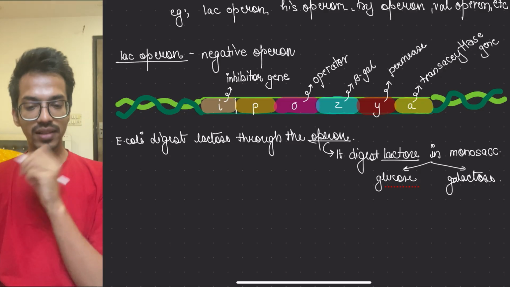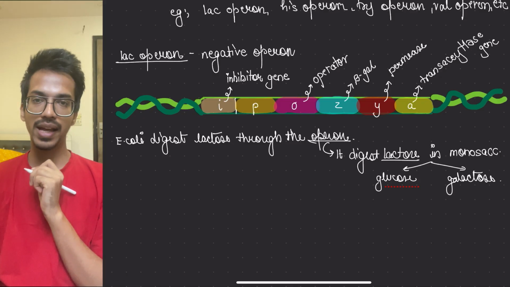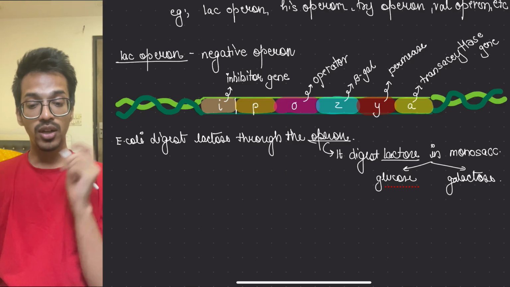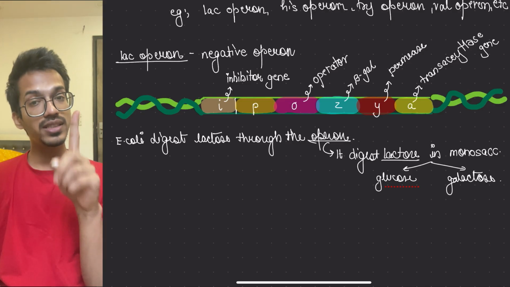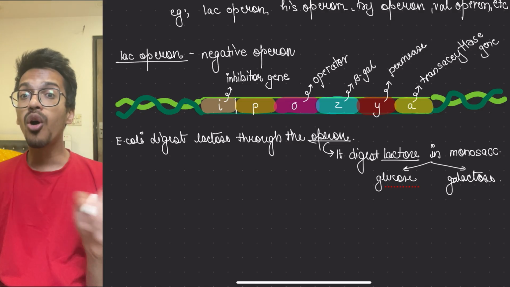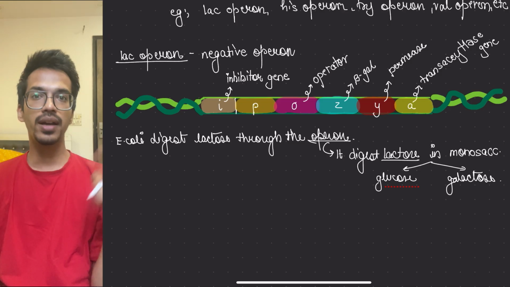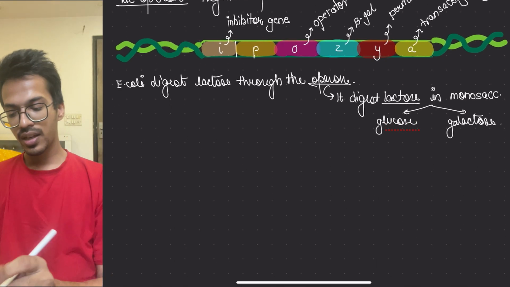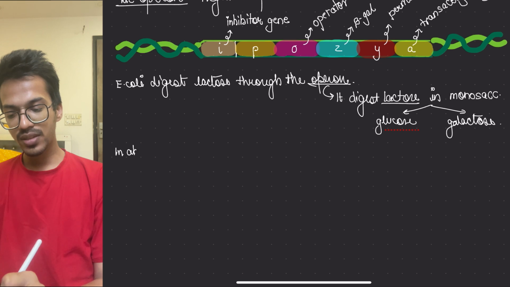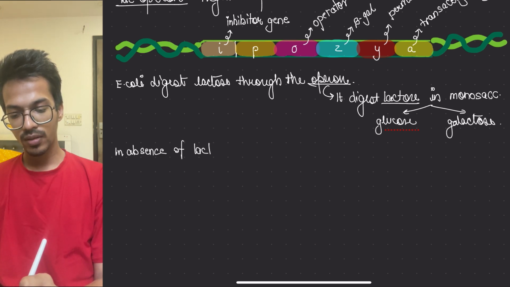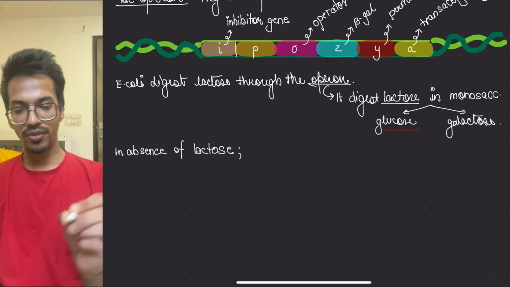Now just see how these genes are working and helping this process. First we're going to see that since it is a negative operon, it is not working. What does that mean? It means in the absence of lactose, what will happen?